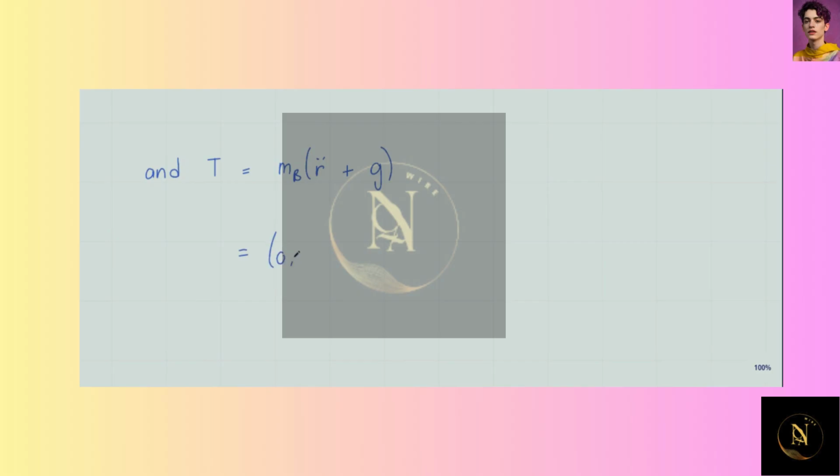So that's 0.08075 into minus 10.7 for R double dot plus 32.2 feet per square second for g. Hence we get the tension T to be 1.736 pounds.